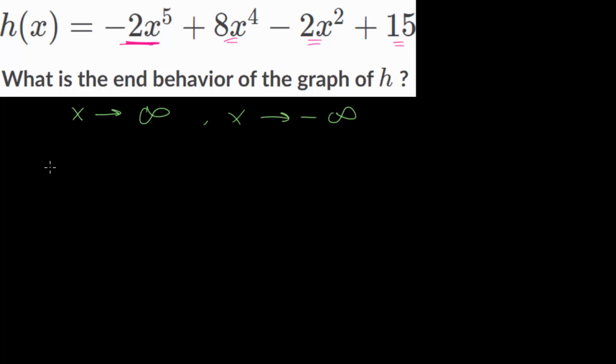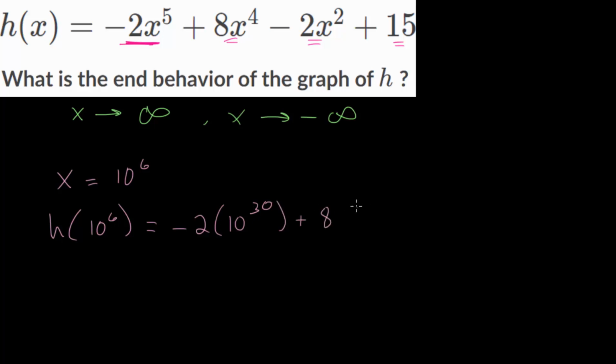You can imagine if you plug in a very large value of x, let's say x is 1,000,000, which we can write as 10 to the 6th. We can evaluate our function by plugging in 1,000,000 here, and we would get minus 2 multiplied by 10 to the 6th to the 5th power, which would really be 10 to the 30th power.